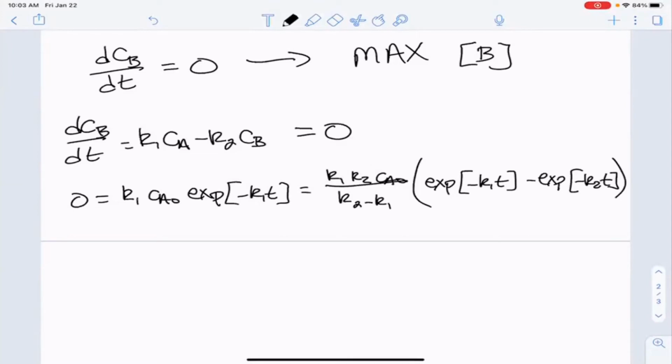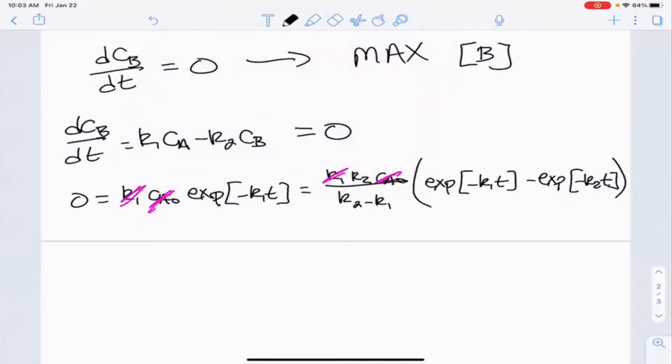And the first thing I can do is realize that the K1s will cancel and the Ca0s are going to cancel. And the thing that I really want to find here is time, right? I want to find the time where Cb is maximized and then plug it into all these other equations.